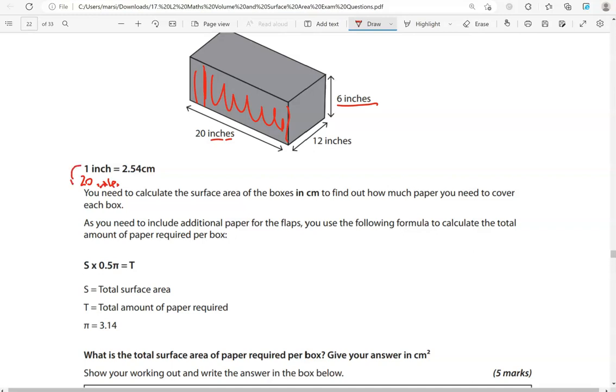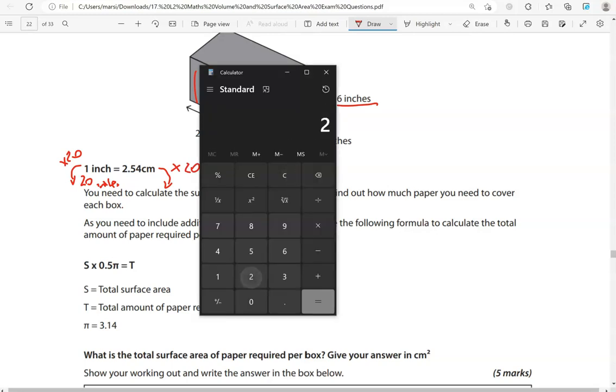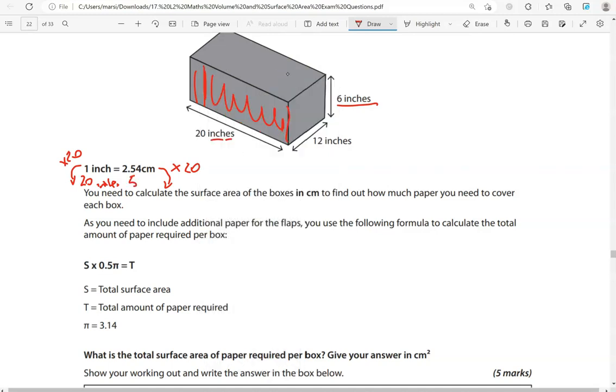So 1 times 20 gives us 20. So we'll do the same here. So that is 2.54 times 20, 50.8 centimeters.